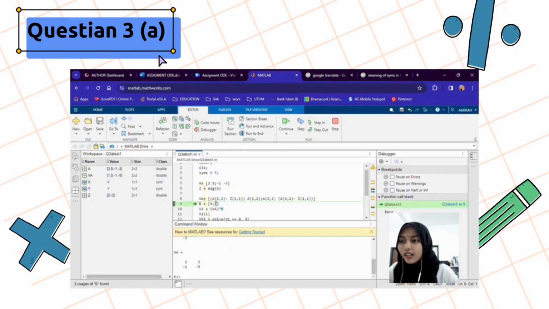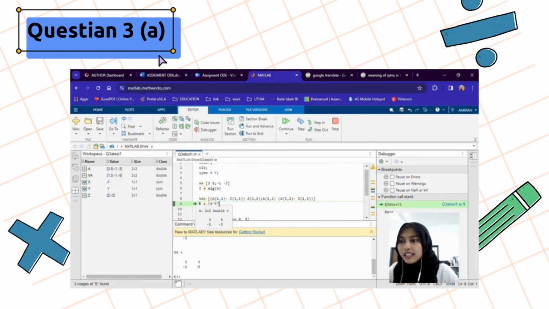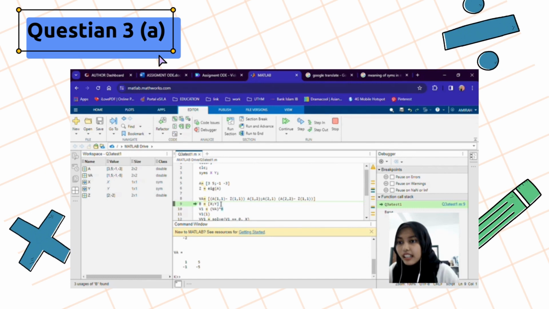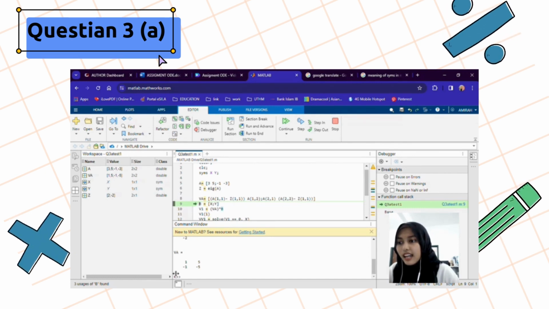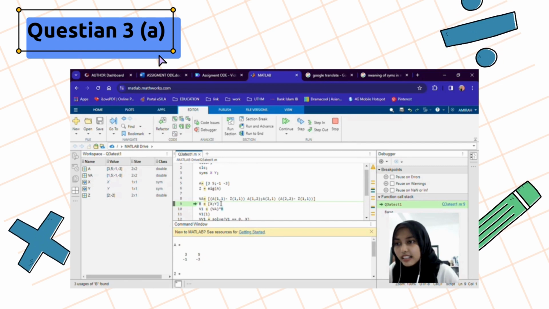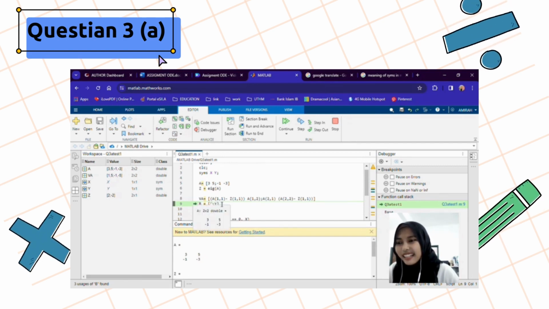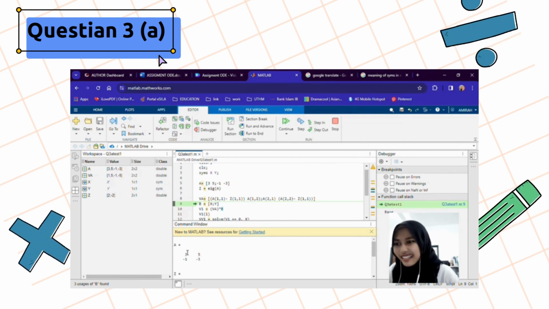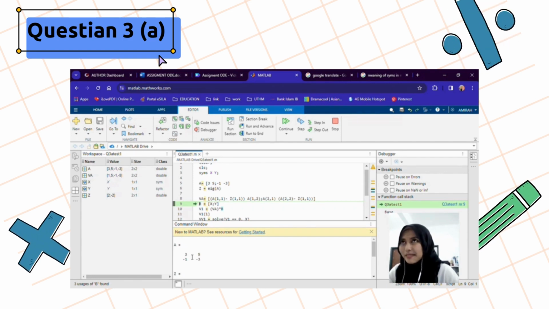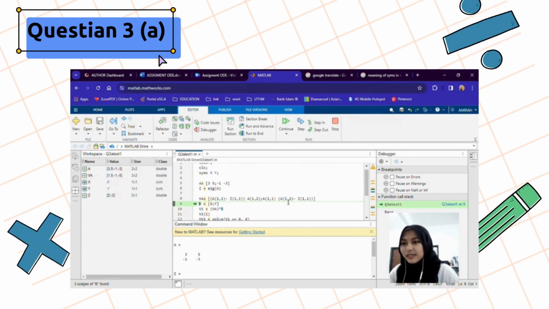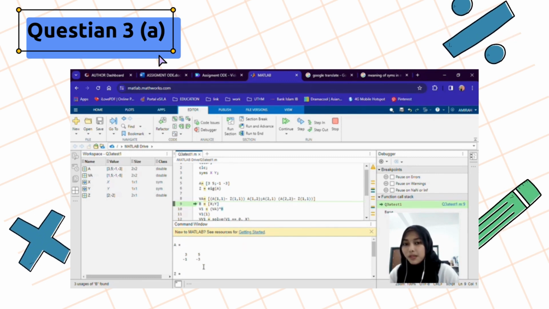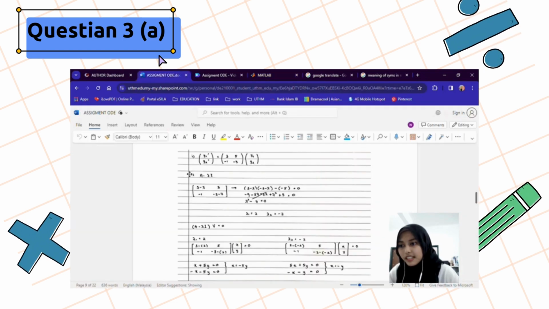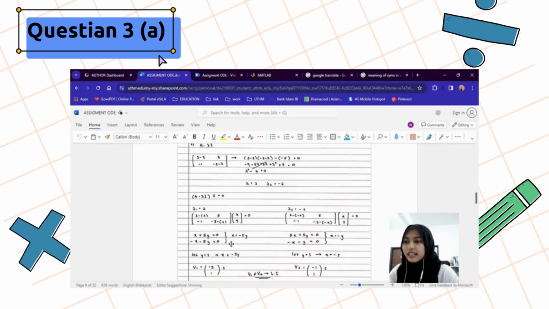So I write the code to subtract the value of lambda 1 here, which is 3, and negative 3 here. Because I write A(1,1), which is the location of the value 3, and for this A(2,2), the location for negative 3. So it will display like this, just like my answer here.